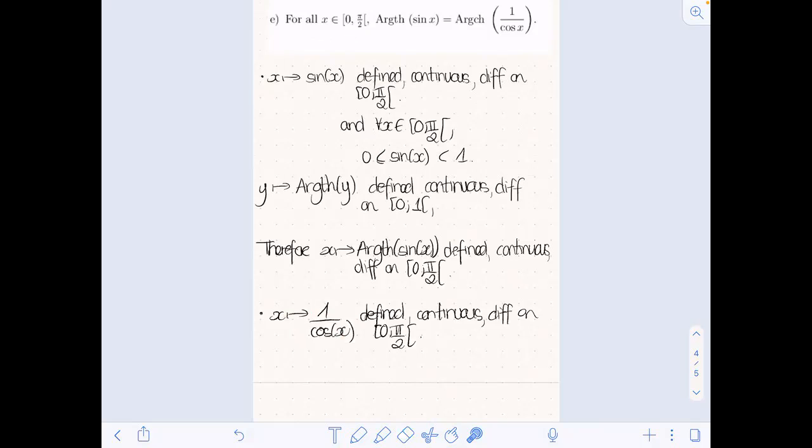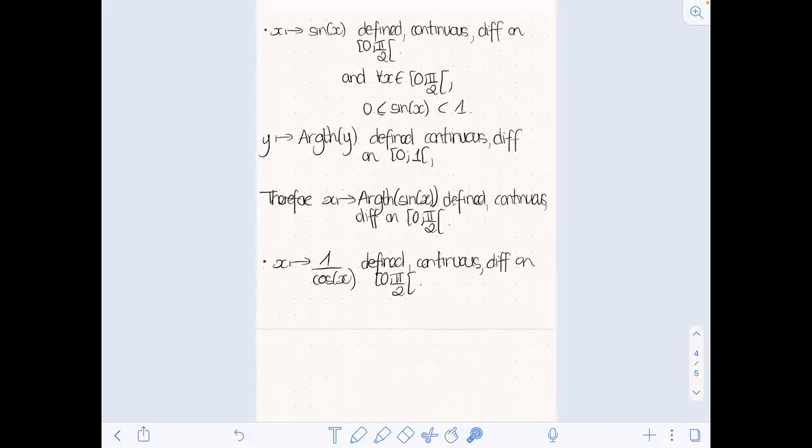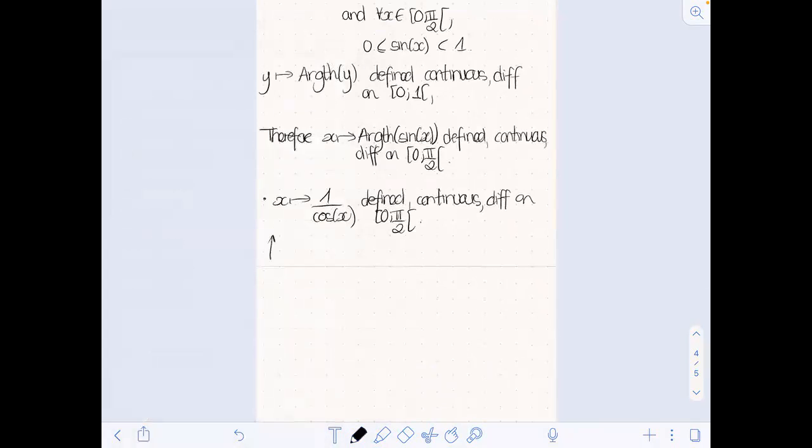Now what happens with argch? If you have a graph of argch at hand, or its expression, I think it's got a logarithmic expression. The curve actually only starts at 1.